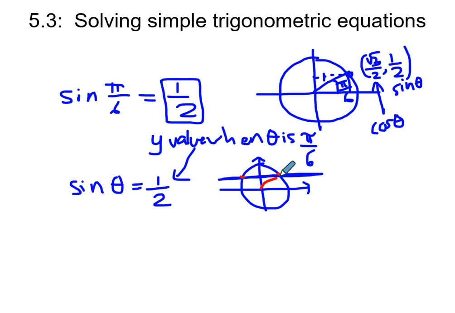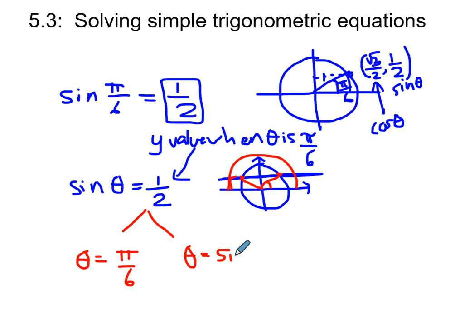There is one here that is pi over 6, and the other one is here, which is the same as taking pi minus pi over 6, which is 5 pi over 6. So when you have this, it gives you two answers. Your angle can be pi over 6, or your angle can be 5 pi over 6.